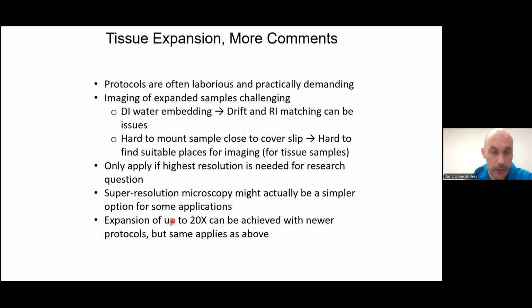I should also mention that there are protocols that can expand your sample up to 20 times and even more. But then the same thing as above applies, just a factor of 4 higher. So that's something to consider.